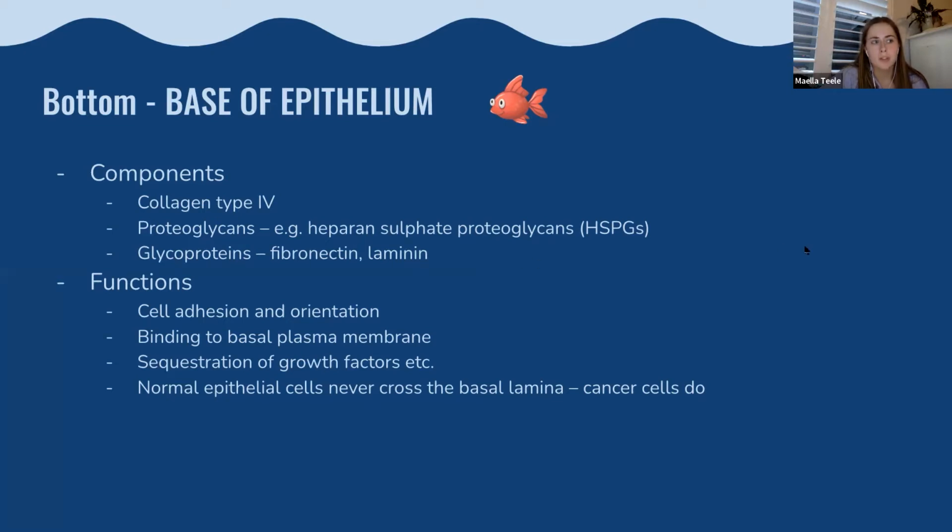It sequesters growth factors. And normal epithelial cells can actually never cross the basal lamina. So cancer cells can do this, but normal epithelial cells don't. So when you're looking at a histological slide, if you see epithelial cells that have crossed the basal lamina, that should be raising a bit of a red flag to you because that shouldn't be the case.